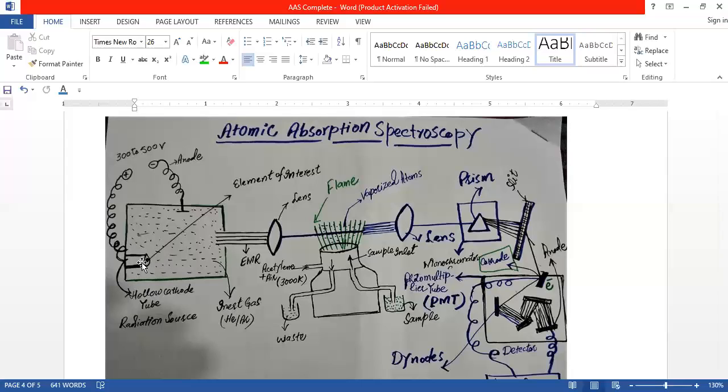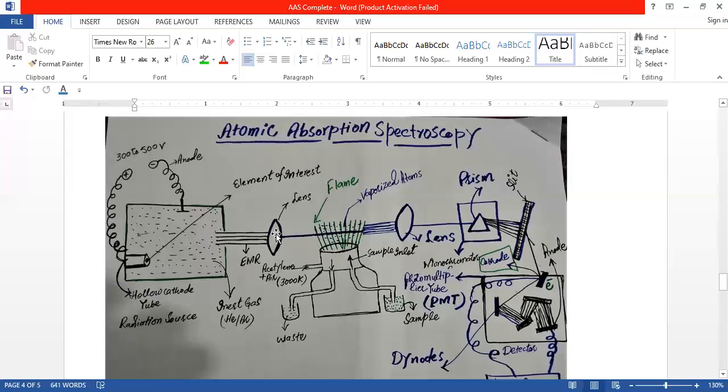After going to the excited state, it will come to the ground state. During coming back to the ground state, it emits some electromagnetic radiation, and that electromagnetic radiation goes further.